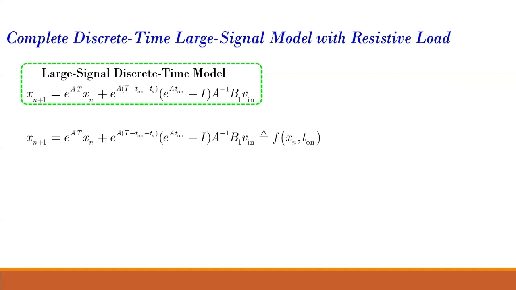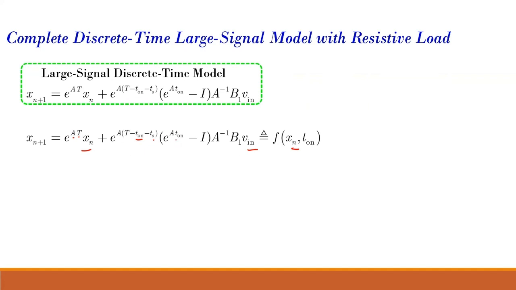x of n plus 1 is equal to e raised to A t into xn plus e raised to A (t minus ts) minus e raised to A (t minus ts minus t_on) into A inverse B1 into vn. Okay, one more thing I forgot is we assume vn will be constant, so it is just a function of xn and a function of t_on. Rest all are constant. A is constant, t is constant, ts is constant.